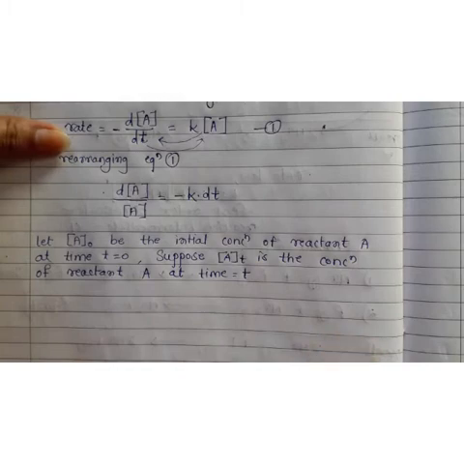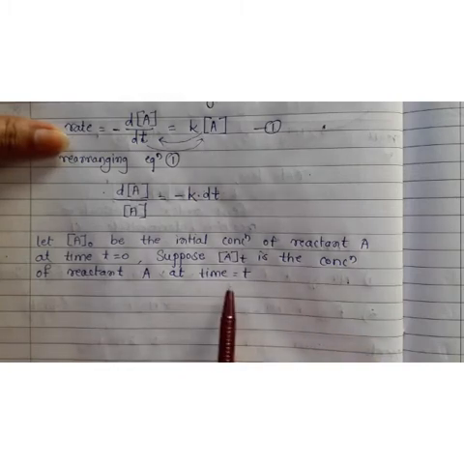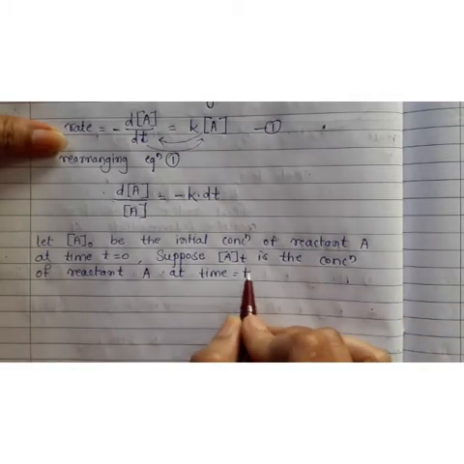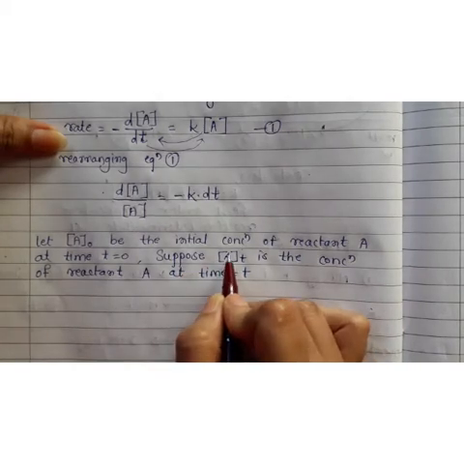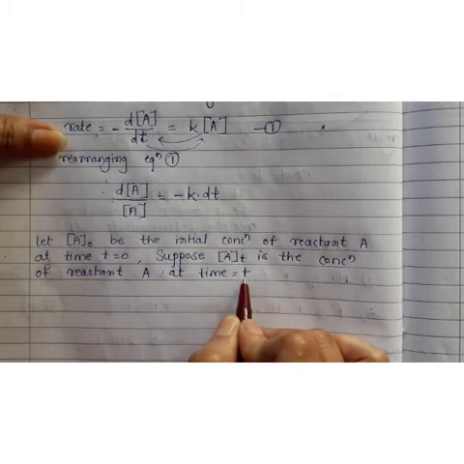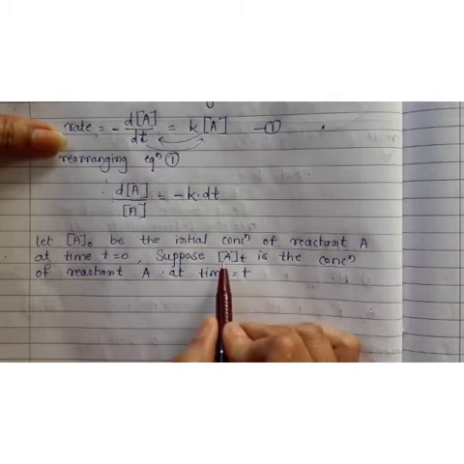Then the reaction will start. After time t, At will be the concentration of reactant. Suppose after 10 minutes, the time will be 10 and the concentration will be A10. So after time t, the concentration of reactant A will be At.